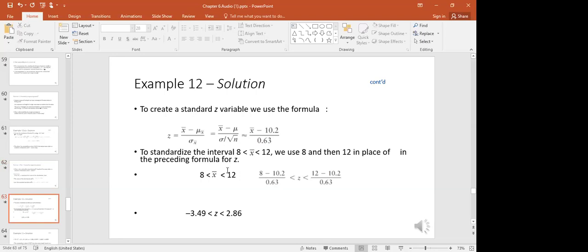Now you are going to find the probability that the sample mean is between 8 and 12. So the lower value is 8, the upper value is 12. The mean is 10.2, and the standard deviation is now 0.63, not 1.4.